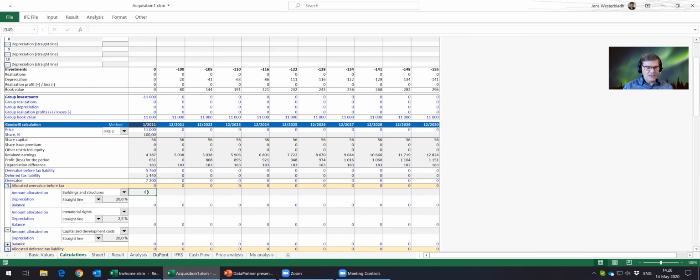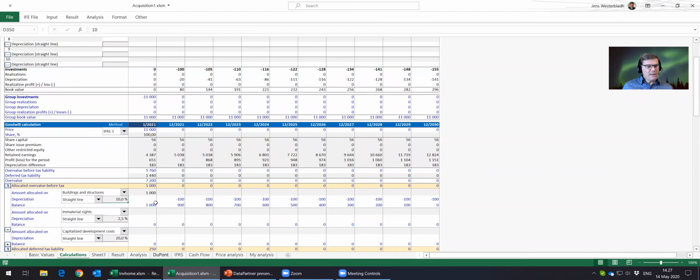Let's say it's up to 1 million higher, and this overvalue will be straight line depreciated over, let's put 10 years.